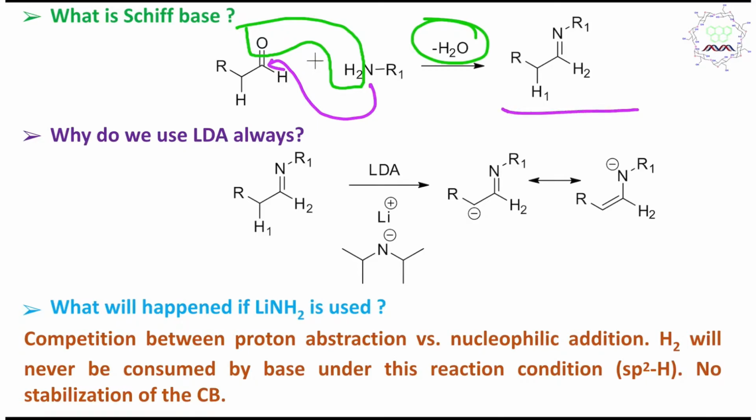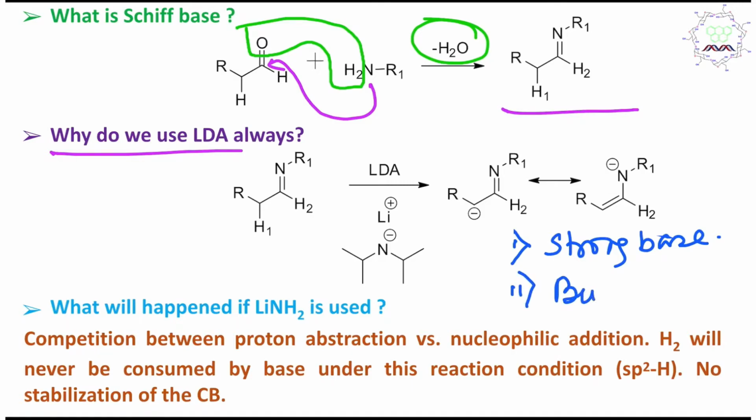Now generally we have observed that we always use LDA. Why? If you look at this LDA molecule, it has two isopropyl groups and N minus. The main reason to select LDA for many proton abstraction reactions is really two reasons. First of all, it is a strong base, and second, it is a bulky base.